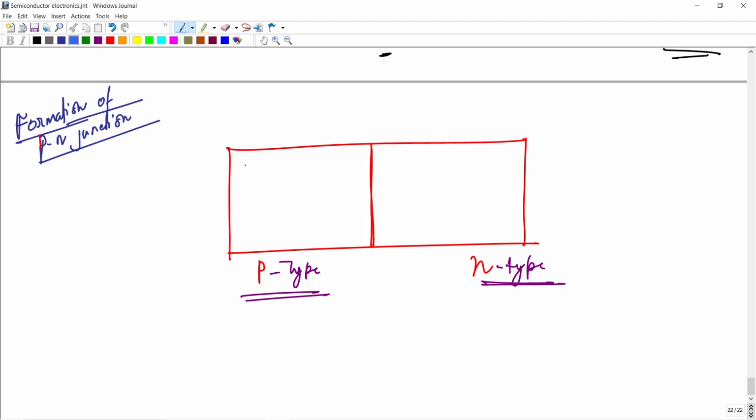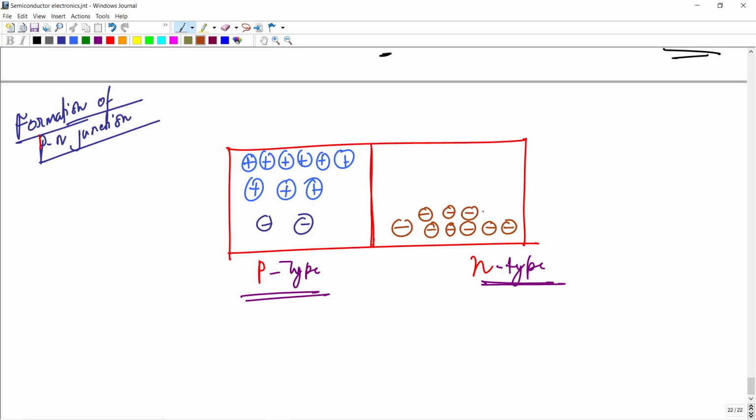So there is a huge number of holes here. And the minority here is electron, and in N type the majority is electron, and the minority is hole.